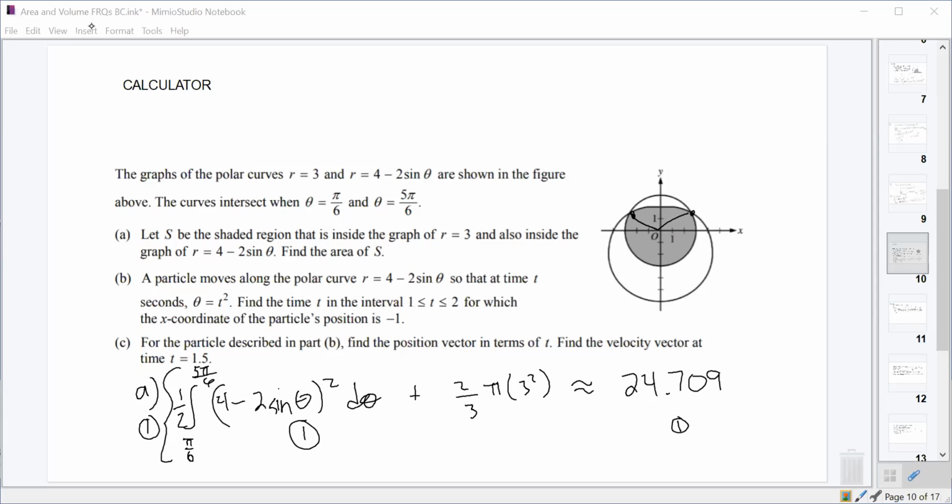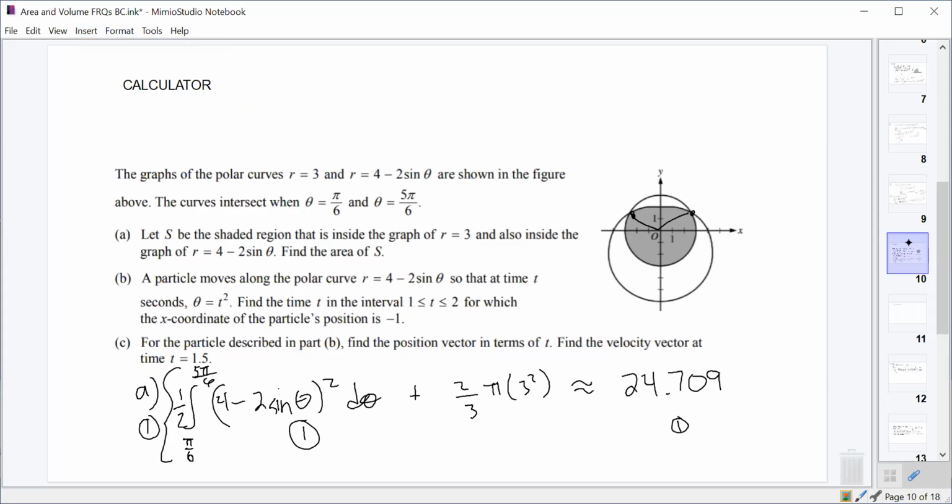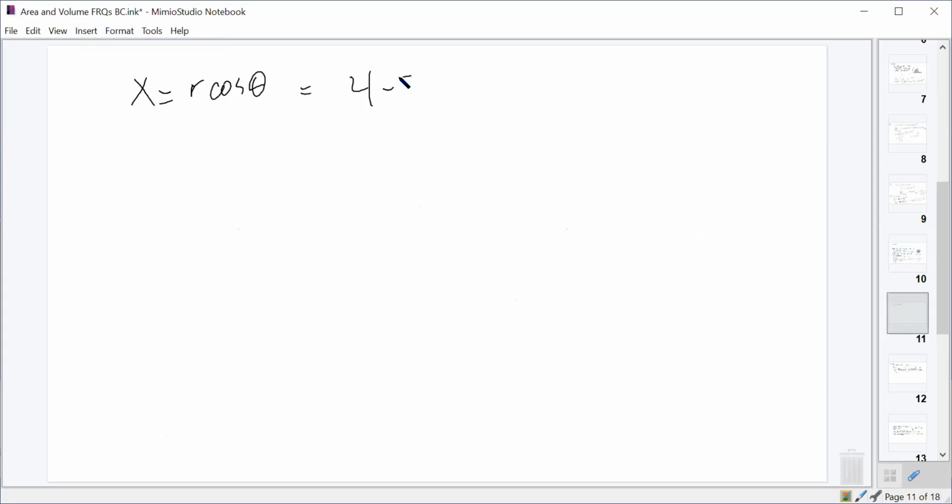So first thing we're going to do is find the x value of our particle, just using x equals r cosine theta, which now I've forgotten what r was. Was it 4 minus 2 sine theta? So 4 minus 2 sine theta times cosine theta.